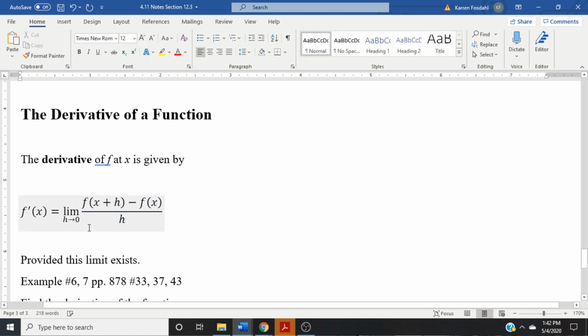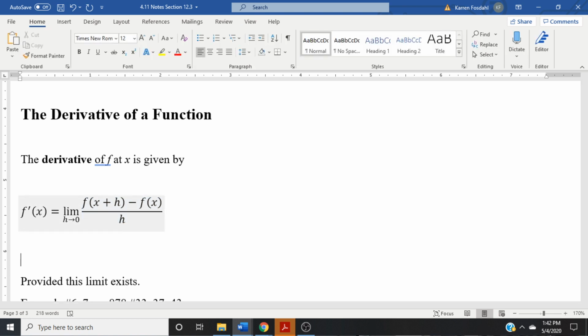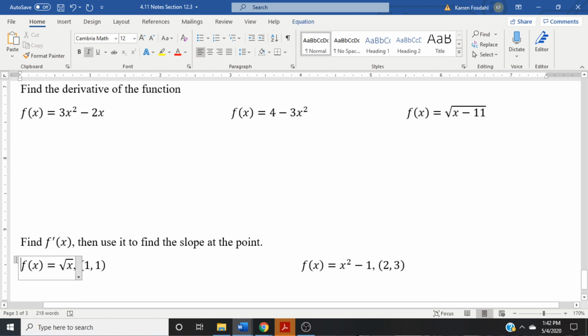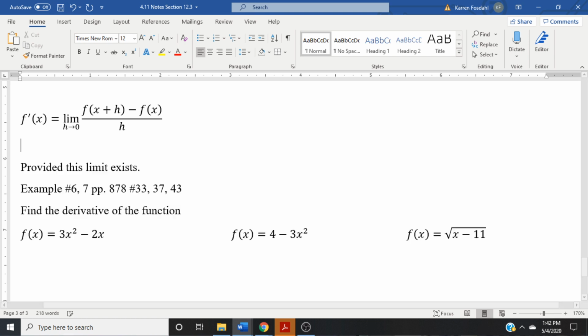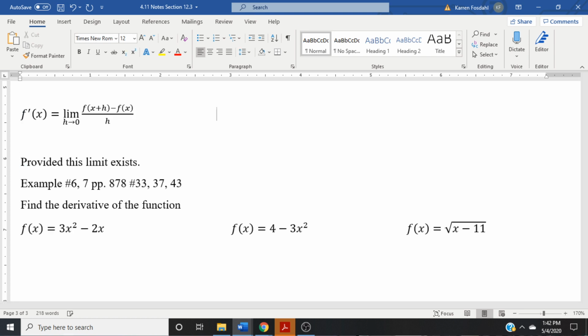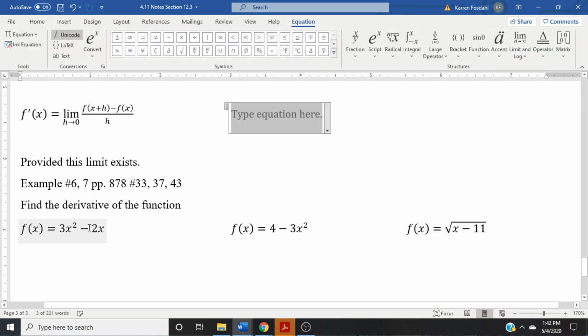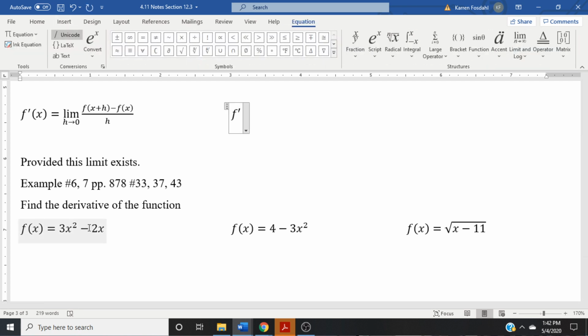And this right here, I'll just write it to the right. So you see this f prime of x.